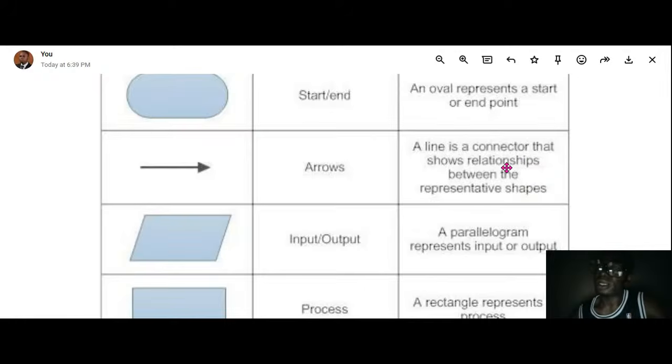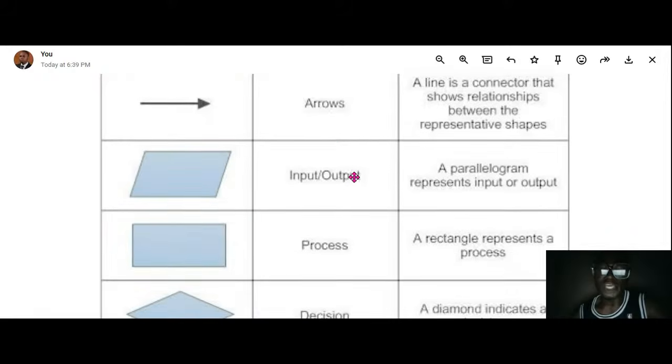They asked me a question on arrow, parallelogram, and diamond. Those are the three that came out in my own set. What are they used for in flowcharting? So a line is a connector that shows the relationship between the representative shapes. Now, we also have the input or output, which is the parallelogram. The parallelogram is used for input output.